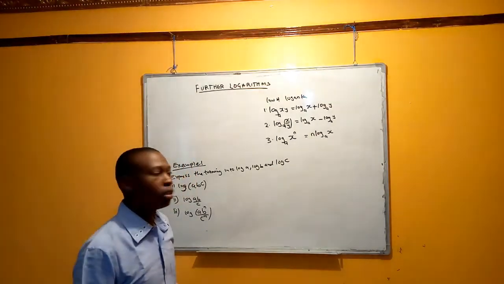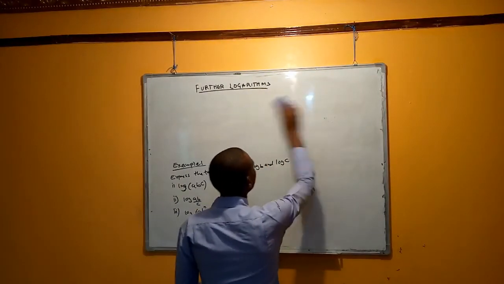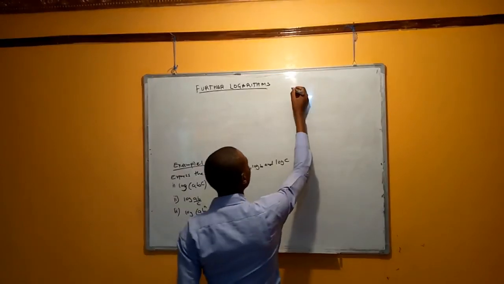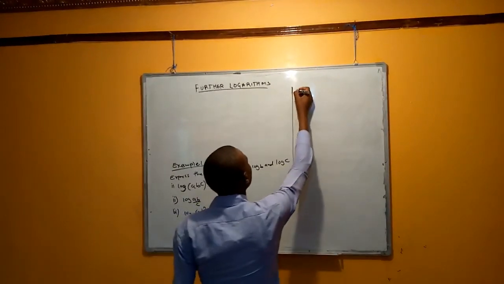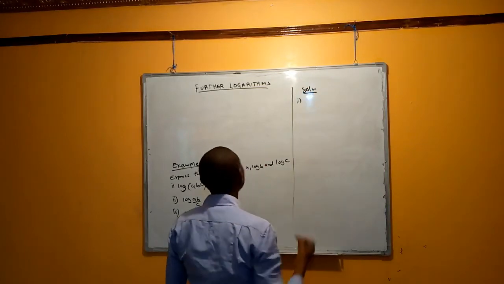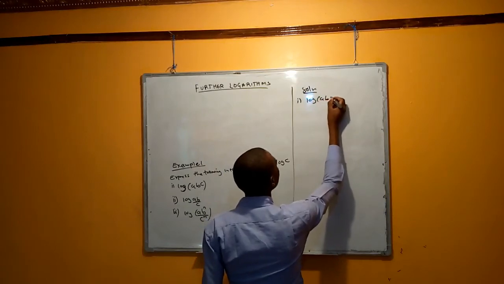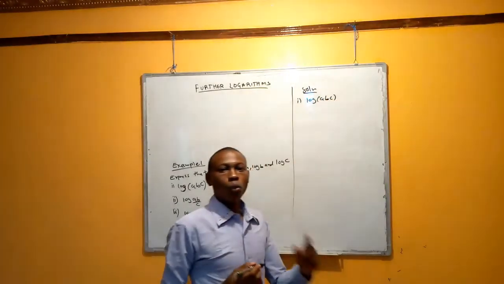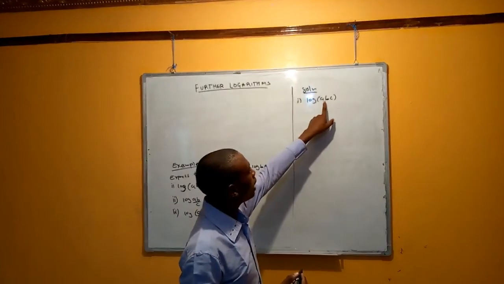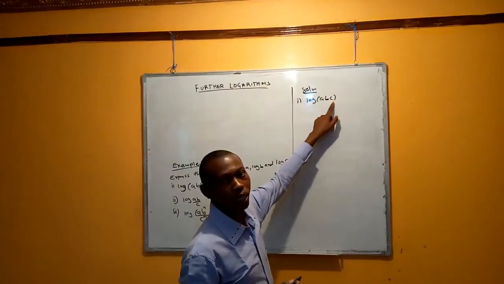Now I want us to see what you should do with this. Let's look at the solutions. So number 1, Roman 1, we are given log ABC. One thing that you must understand, learner, is that between A and B we have a multiplication sign. Between B and C we have a multiplication sign.